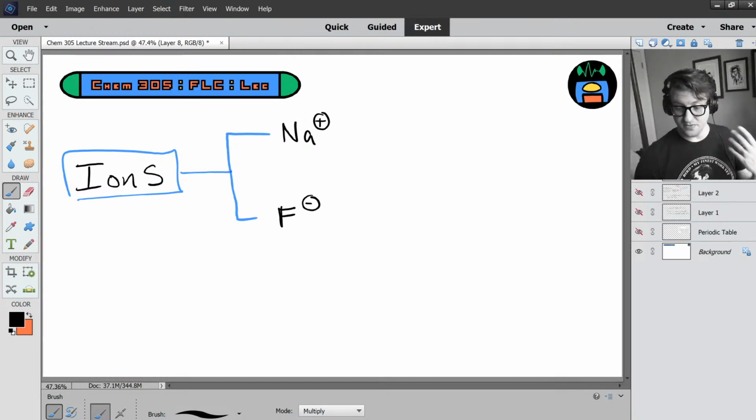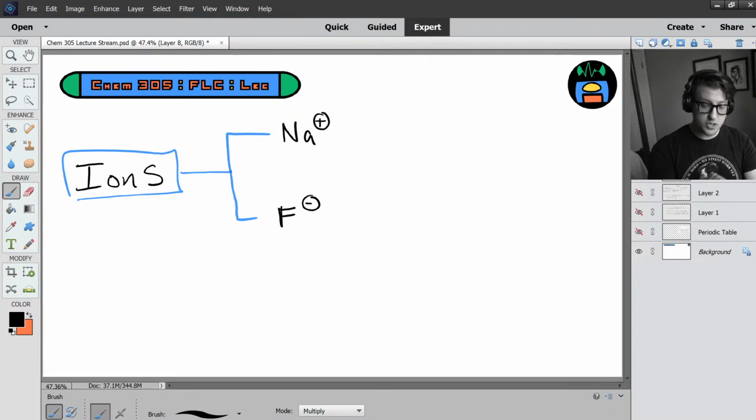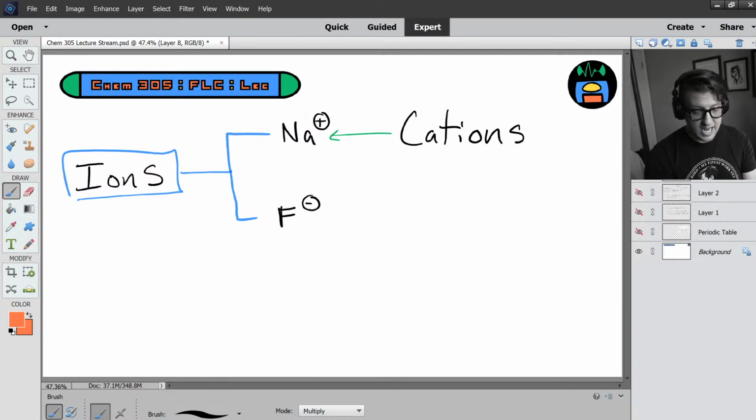Actually, I should be calling this fluoride because it's anionic. So ions come in two different flavors. You have the positive kind, like sodium, which we call cations, and then you have the negative variant, like fluorine, which we call anions.